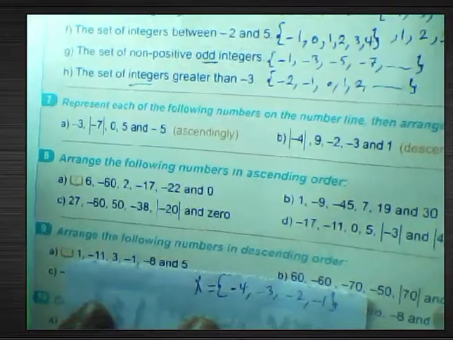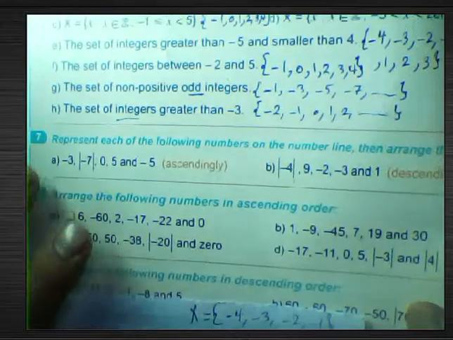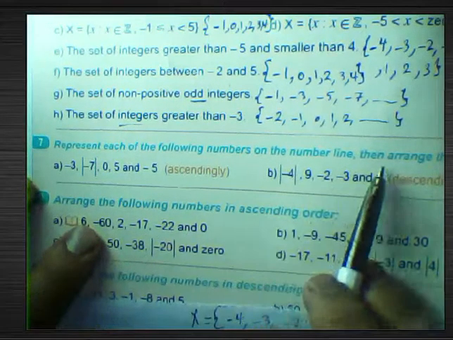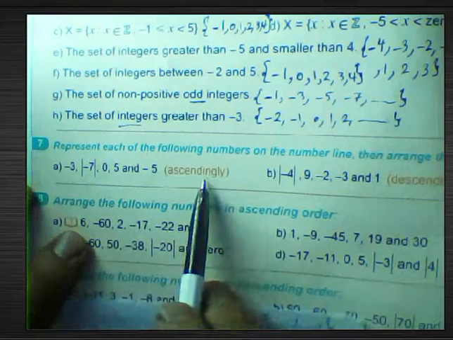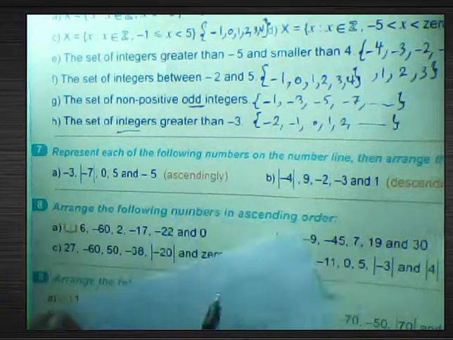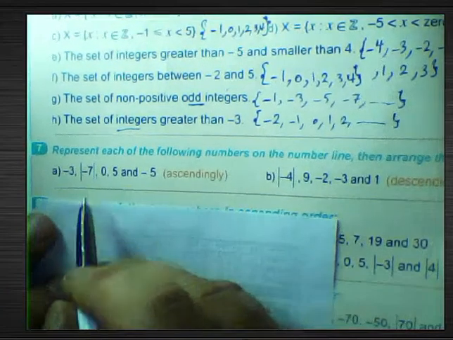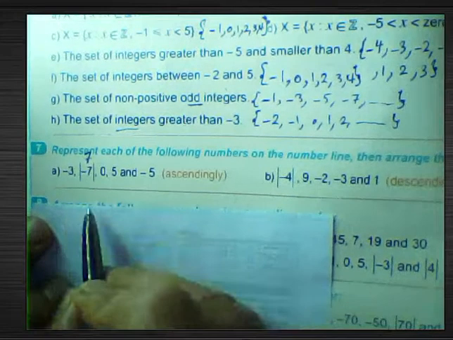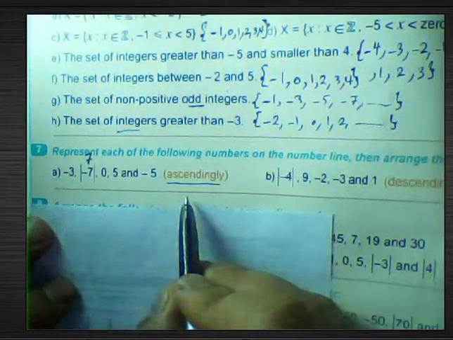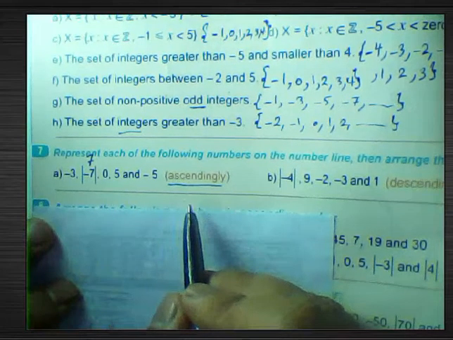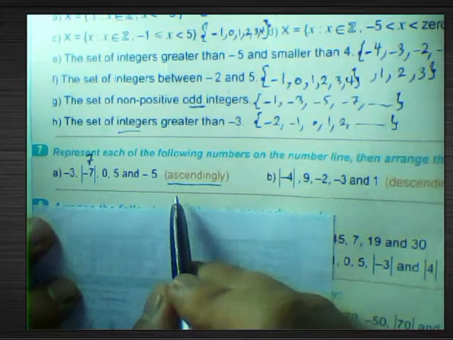Question 7. Represent each of the following numbers on the number line and arrange them ascendingly and descendingly. Question A, we must solve the absolute value of negative 7 equals 7, and then you can order the results ascendingly from smallest to greatest.